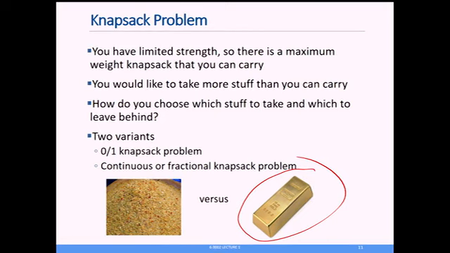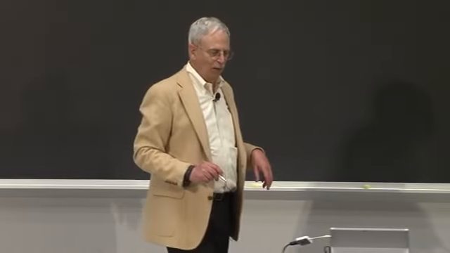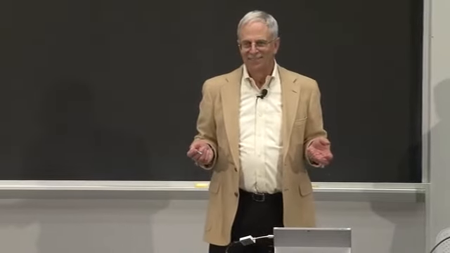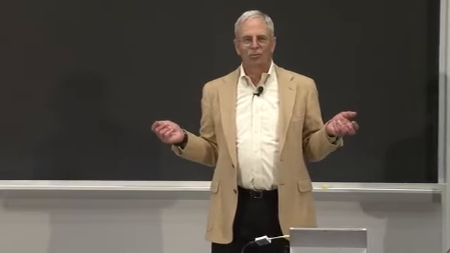So maybe if I've taken my gold bar and shaved it into gold dust, I then can say, well, the whole thing won't fit in, but I can fit in a part of it. The continuous knapsack problem is really boring. It's easy to solve. How do you think you would solve the continuous problem?